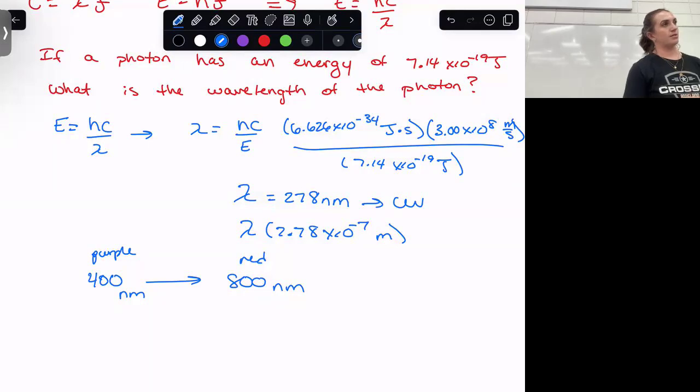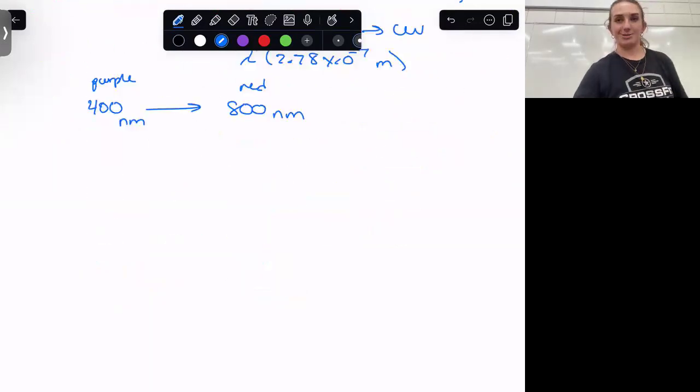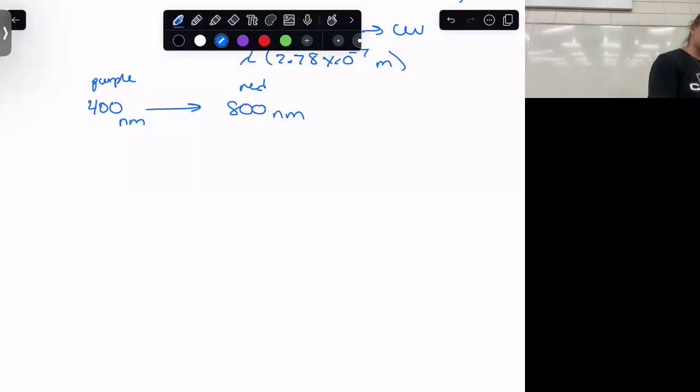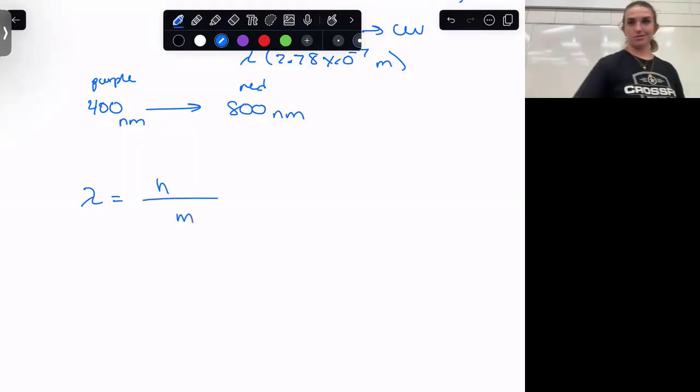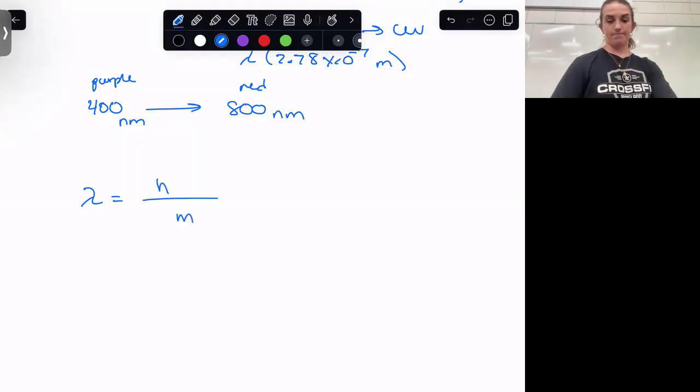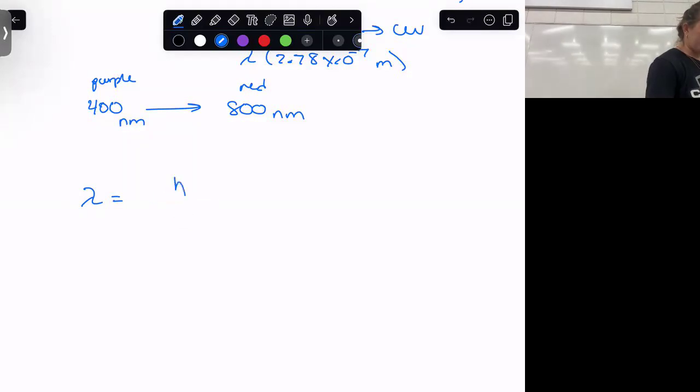What were you saying at the beginning about there being a mass with this kind of wavelength? Yeah, the de Broglie wavelength. We talked about it very briefly on Tuesday. This one should be given to you: wavelength is equal to h over mass times velocity.